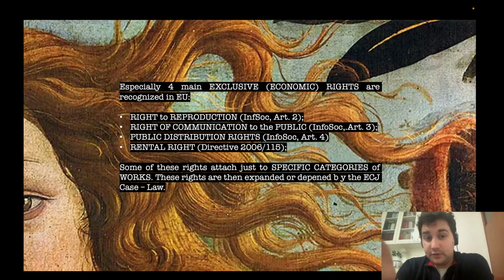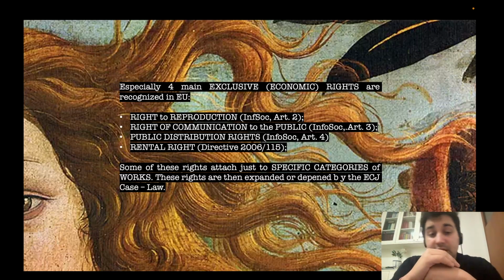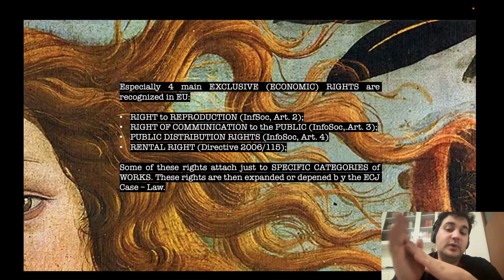The main 4 economic rights that are recognized in the European Union are the right to reproduction in Article 2 of the Information Society Directive and the right of communication to the public in Article 3, as well as Article 4, the public distribution right, and the rental right that instead is regulated by Directive 2006/115.